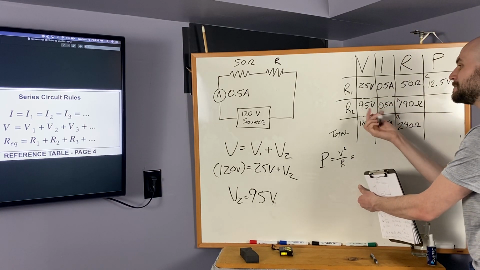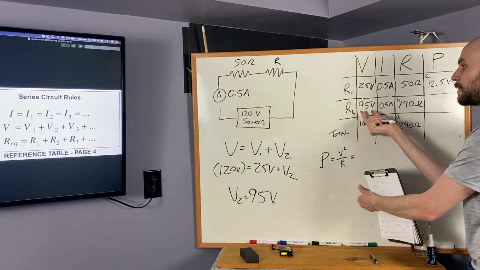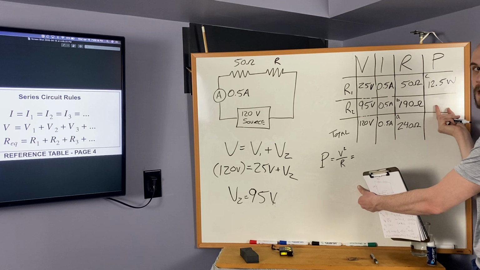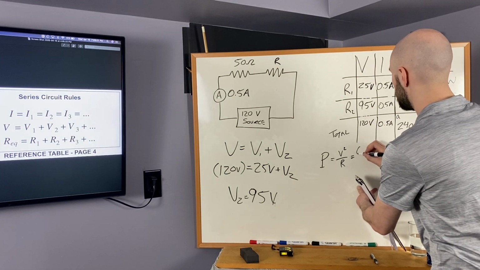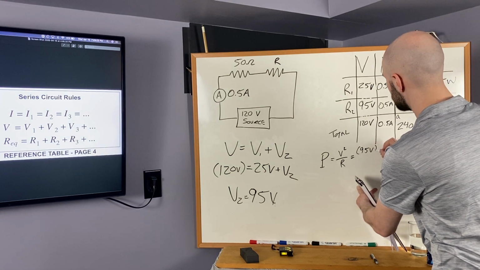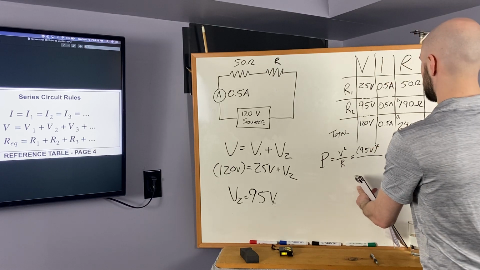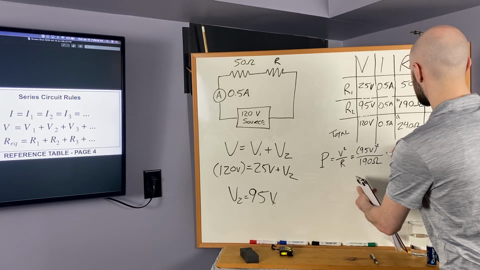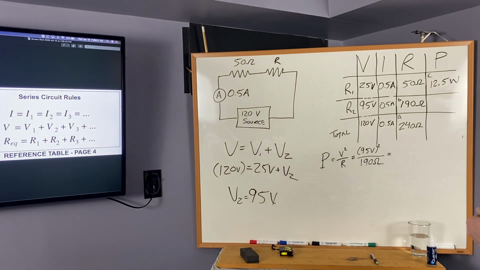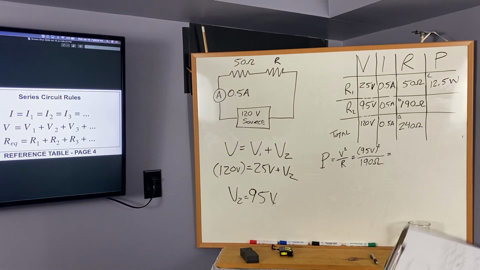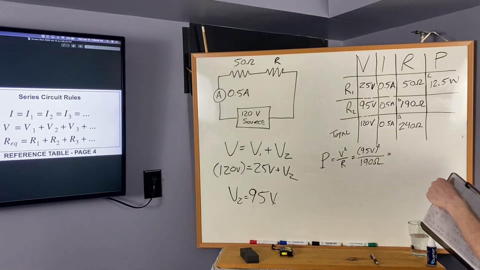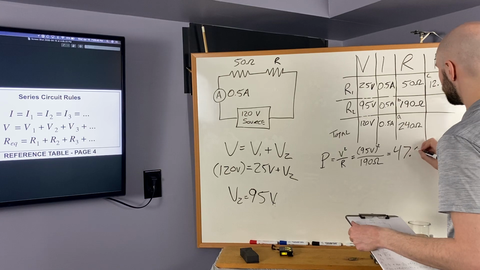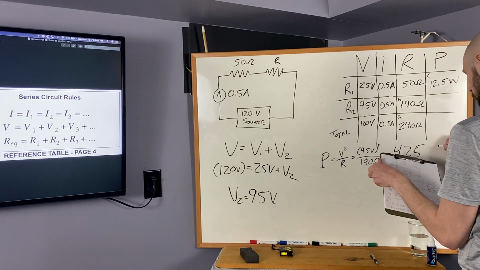The VERP table helps us keep track and say that, well, we know the voltage across R2, which we want to use to find the power dissipated by resistor 2. We've got to use 95 volts squared divided by 190 ohms. The power dissipated here by R2 ends up being 47.5 watts.